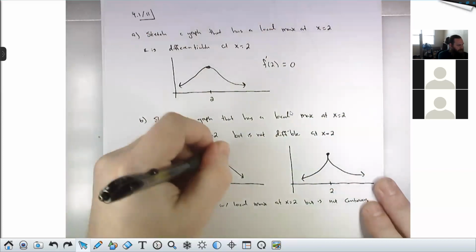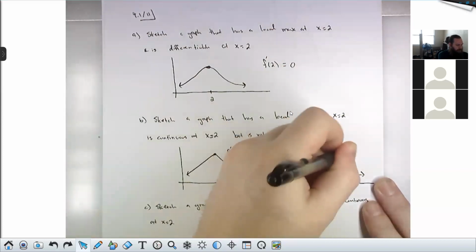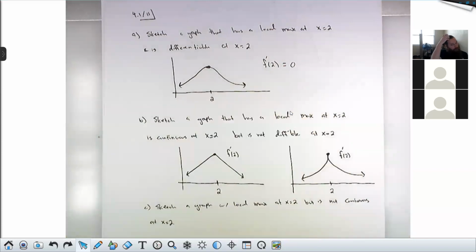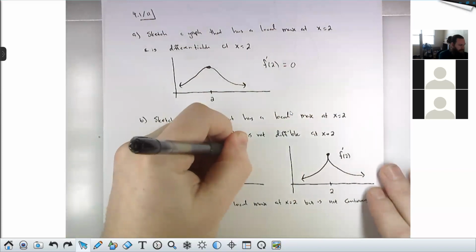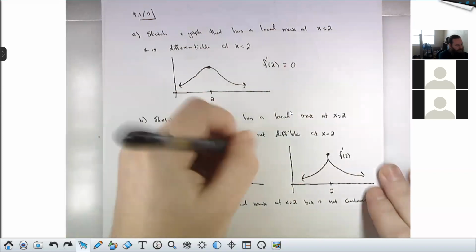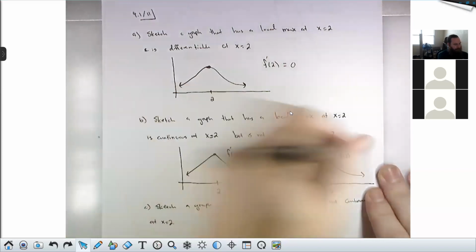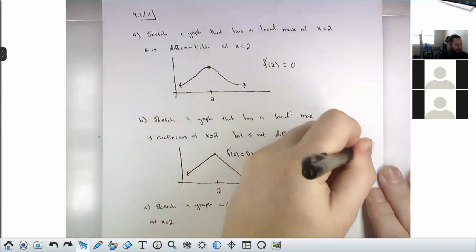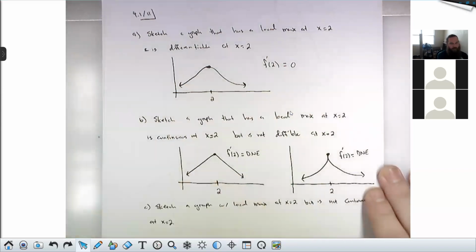What about here? What is f prime of 2? Here, this would fail to exist. And here, this would also fail to exist, because of the sharp points, f prime is not defined.